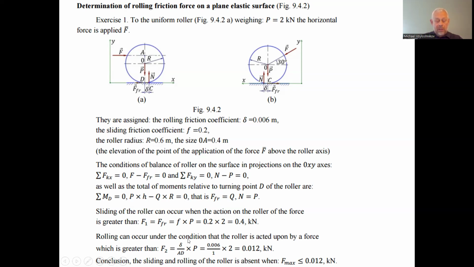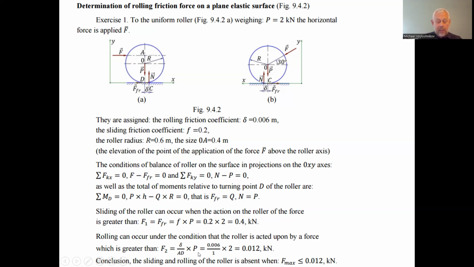Rolling can occur under the condition that the roller is acted upon by a force which is greater than, and delta we assigned as well. Delta is 0.006 meter. Delta has the dimension of length because the physical sense of delta is the arm of the application of the force.